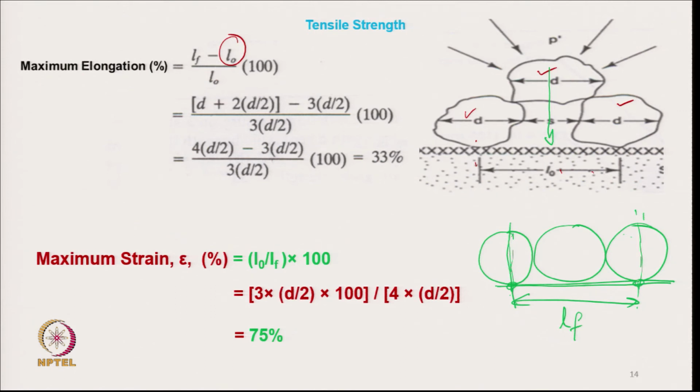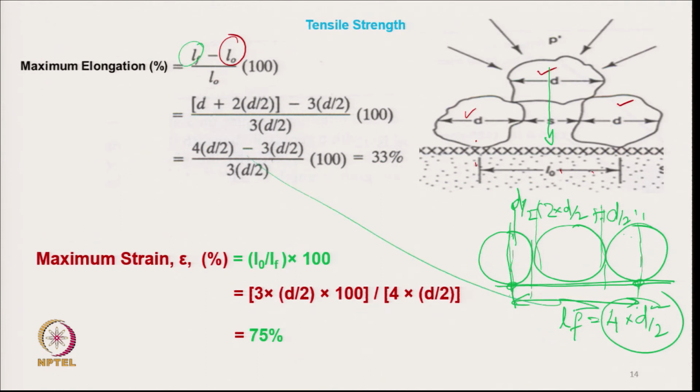Now, finally, this distance is D by 2, and here it is a D, that means 2 into D by 2. So, effectively it becomes 4 into D by 2, that is the final Lf. So, 4D by 2 minus 3D by 2, divided by L0, which is 3D by 2.